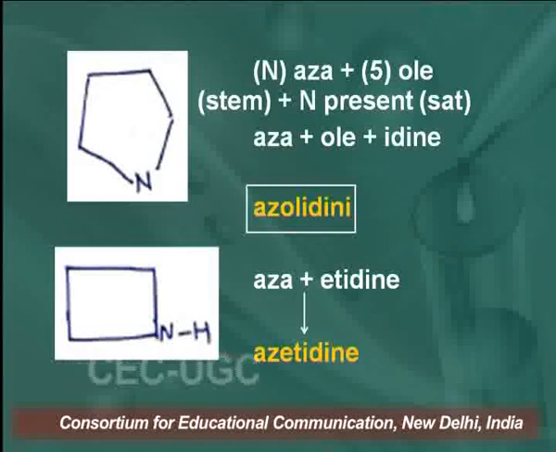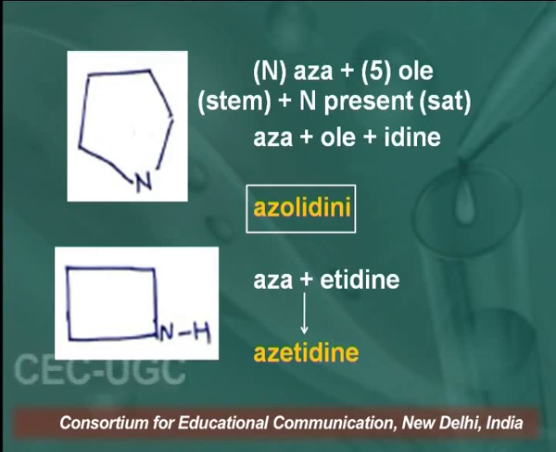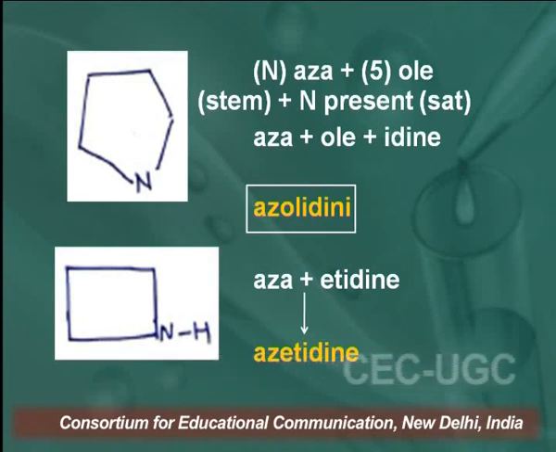Another example is a 5-membered heterocycle. Focus your attention over here. It's not too difficult to give them names. You just learn the prefix, suffix and nature of the ring, whether nitrogen is present or absent. If you see the ring over here, it's a 5-membered ring and nitrogen is present, so the suffix will be ol.